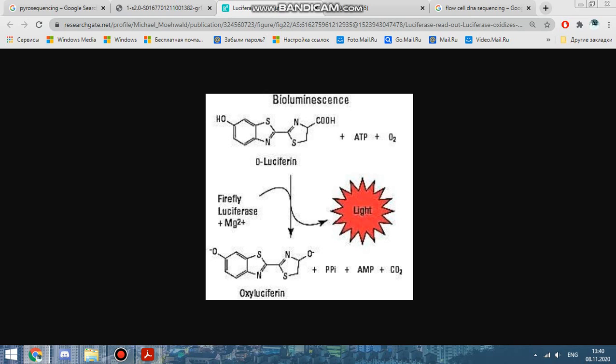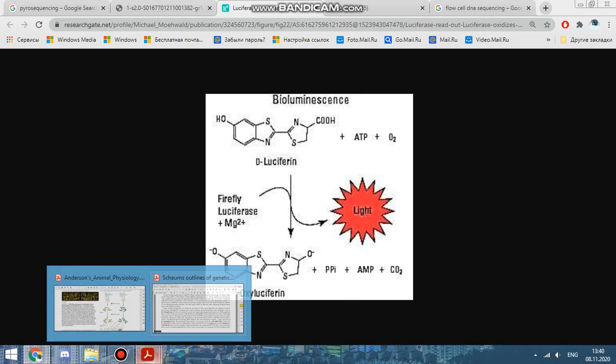Yes, the hydroxy and carboxy group here, and here we have only the oxygen atoms with a negative charge. Yeah, that means that our molecule is oxidized, and during this process light is created, and this light plays a very crucial role in understanding the whole pyrosequencing method.